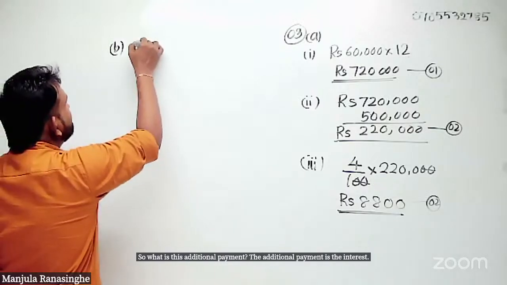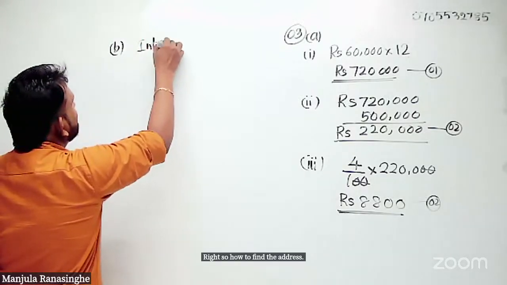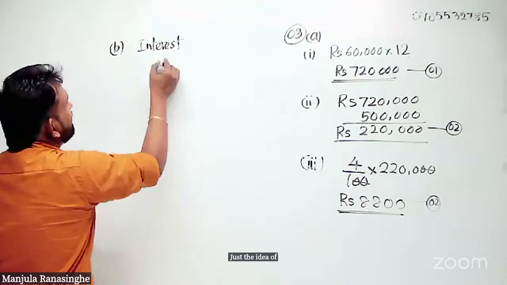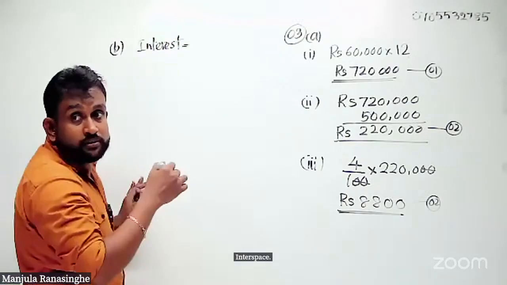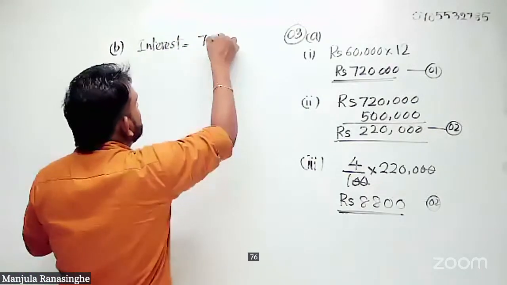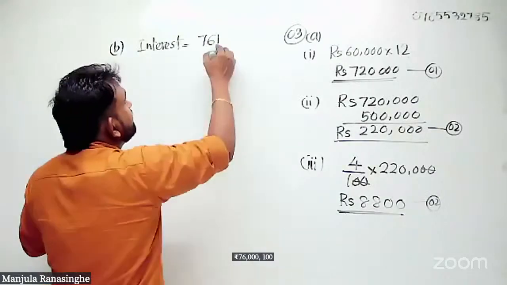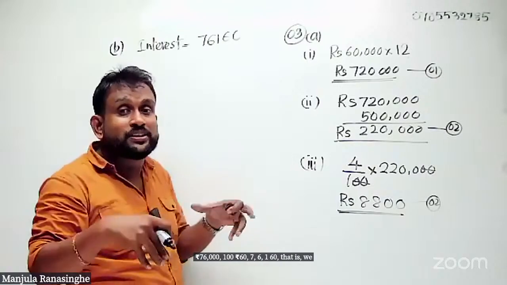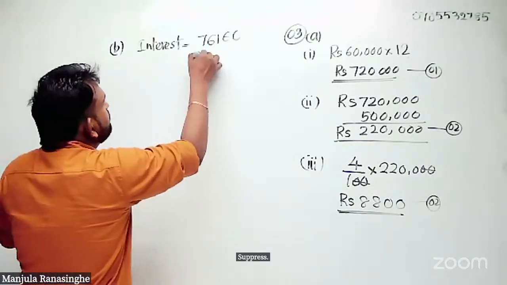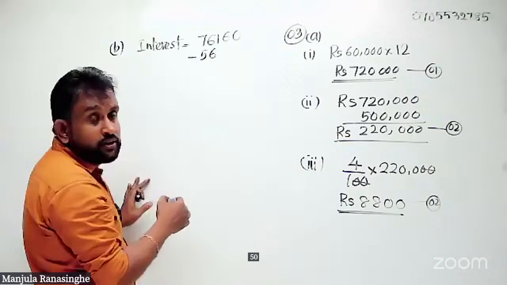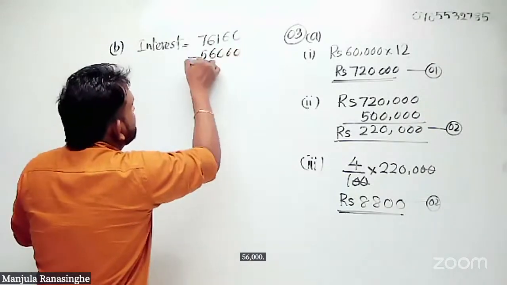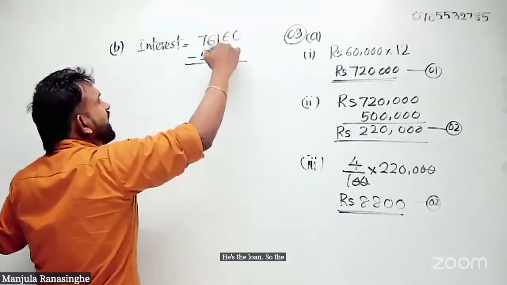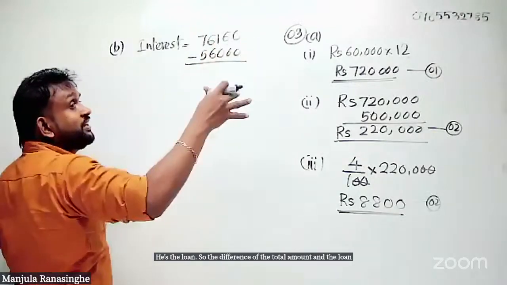So how to find the interest? He repaid rupees 76,160, which we call the total amount. Subtract the loan amount he borrowed, 56,000. The difference of the total amount and the loan is the total interest charge.